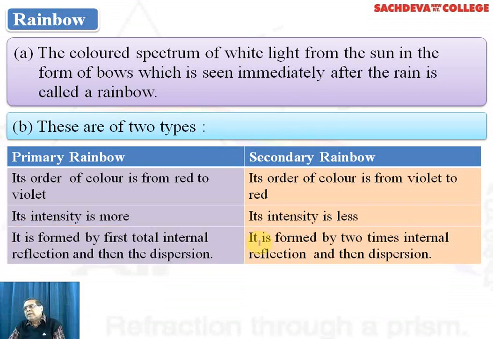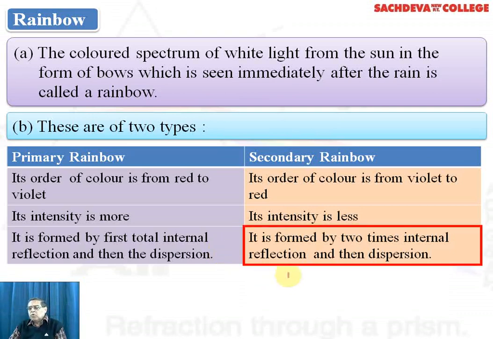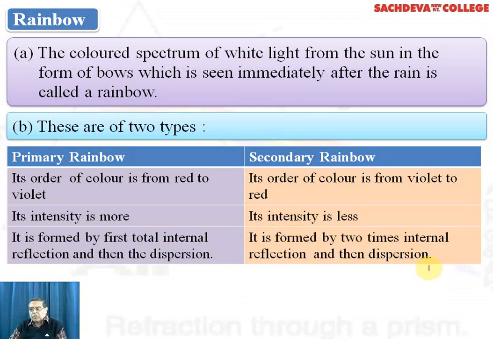So primarily, total internal reflection takes place and finally dispersion, that is, the splitting of white light into 7 colors, and the dominant colors go from red towards violet. Then the secondary rainbow is formed by 2 internal reflections and then dispersion. So first of all, 2 internal reflections take place and finally 1 dispersion takes place.